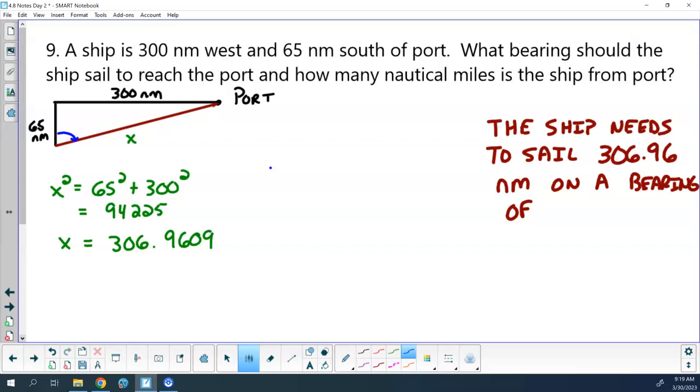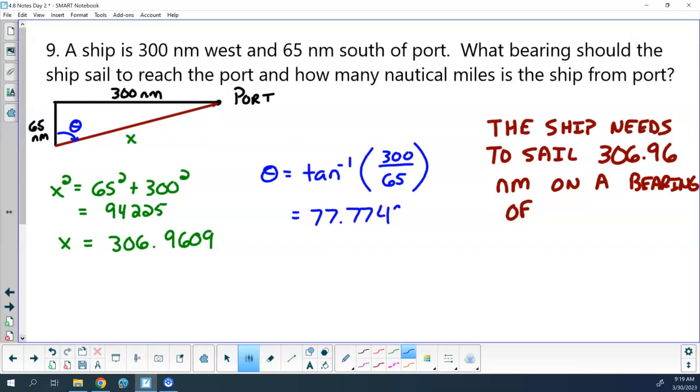So the inverse tangent is going to be 300 over 65. Agree with me on that? Okay.